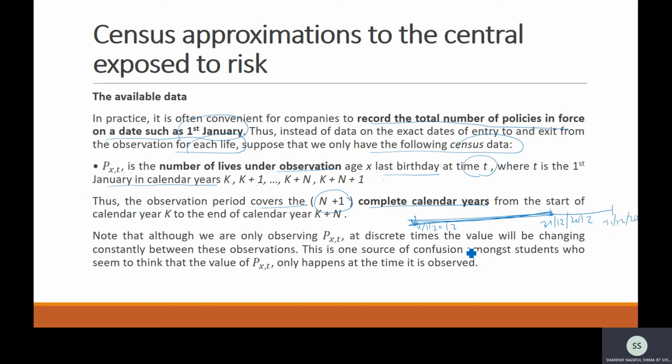Note that although we only observe PXT at discrete times, the value will be changing constantly between these observations. This is one source of confusion among students, who seem to think that the value of PXT only happens at the time it is observed.